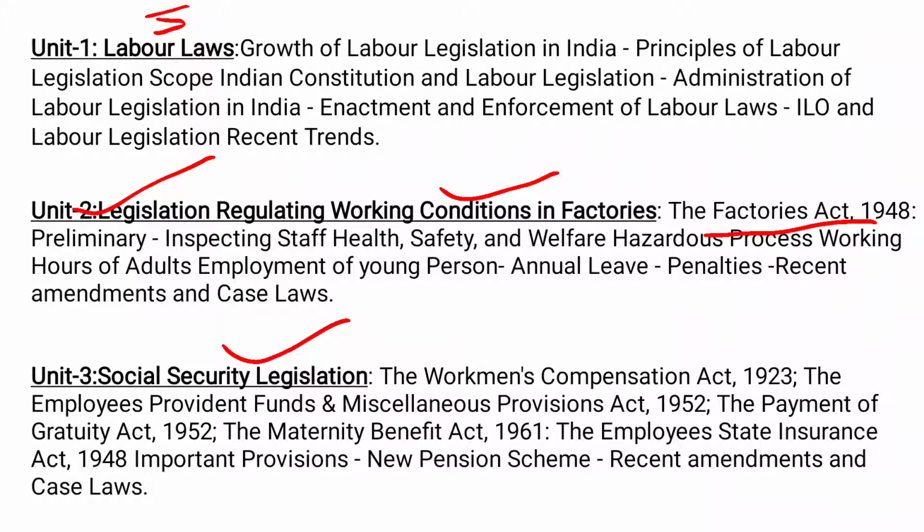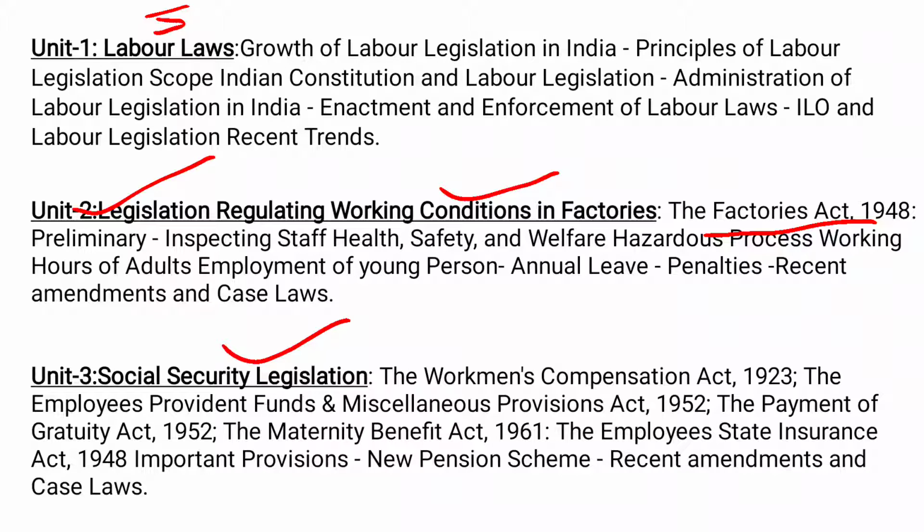Under the Factories Act 1948 you are going to study how the employee must be treated: their health, their safety, their welfare, how to protect them from hazardous processes, their working hours, and their annual leave. Like that, you are going to study the working conditions of employees in factories under Unit 2.